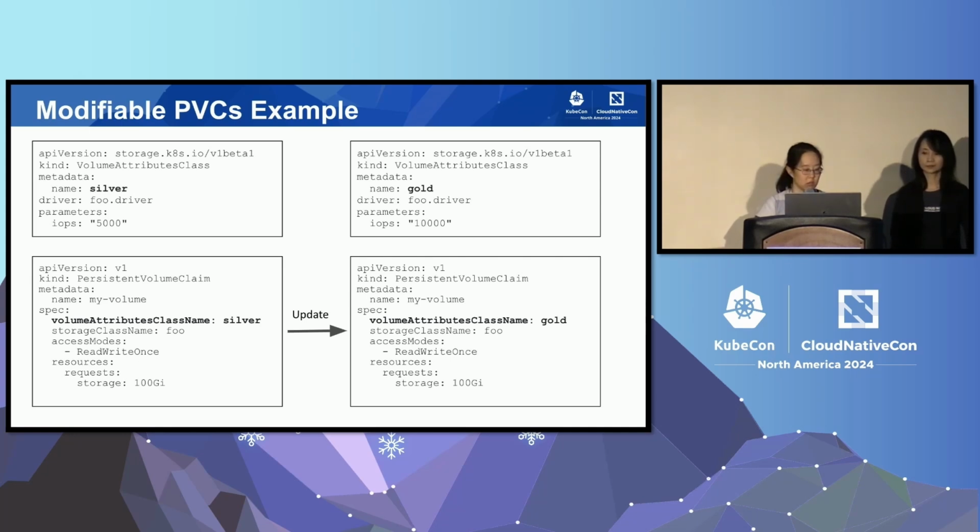So then what you just do is you modify your existing PVC object and change the VolumeAttributesClass to gold. And that will signal to the CSI driver to go ahead and actually change the underlying storage volume to allocate 10K IOPS to it.